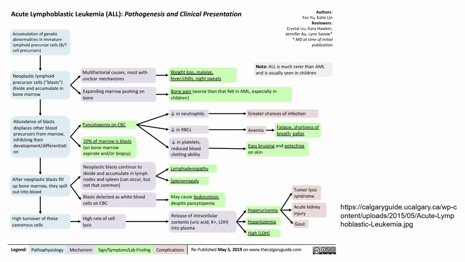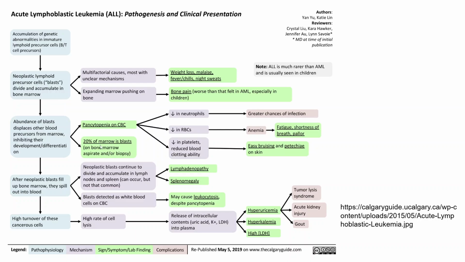At that stage the patient would be more susceptible to infection due to the reduced neutrophil count. The patient would have anemic features, fatigue, shortness of breath, or even breathlessness. Due to the reduced platelet count, the patient tends to have petechiae or a tendency for bleeding.